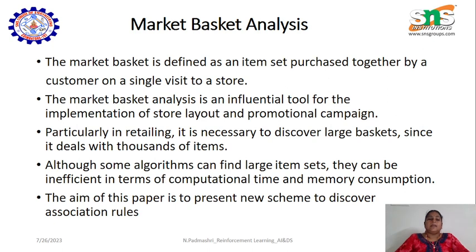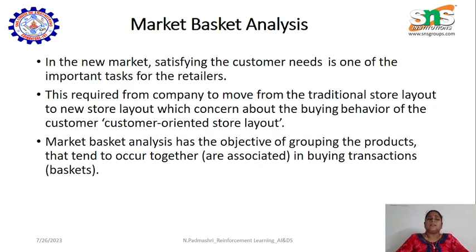So the main aim of this case study is to present a new scheme to discover the association rule. Satisfying the customer need is one of the most important tasks for the retailer. Based on the customer need, suggestions for products will be given to the customer.